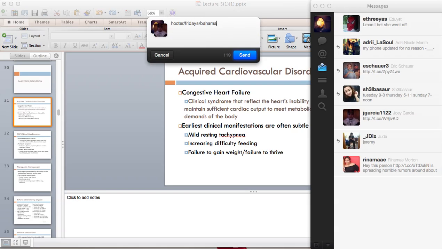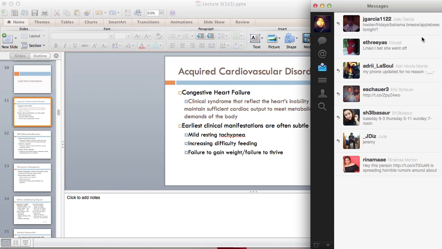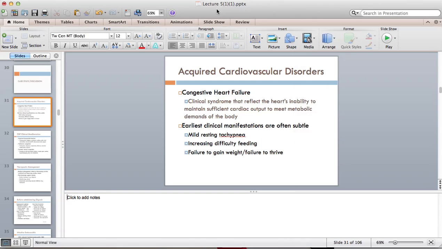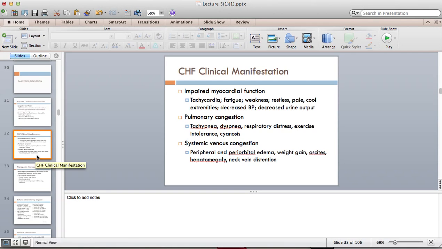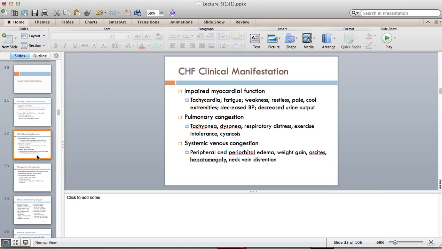Okay? So, for us in children, and for any other patient that we take care of, we like to notice those early symptoms. Mild resting tachypnea, the child has difficulty breathing, or the respiration rate is kind of high, the child is trying to talk when they are not doing anything.